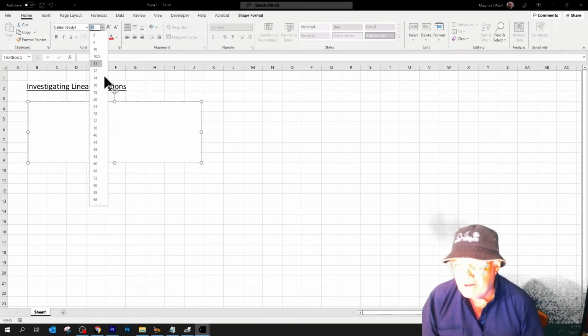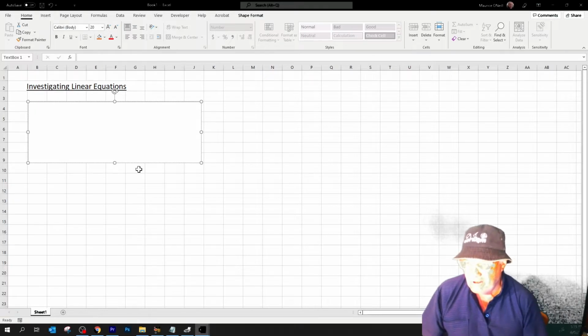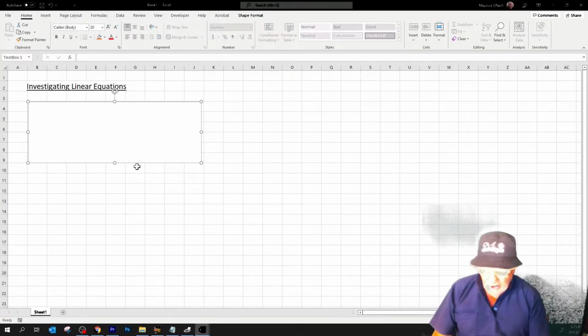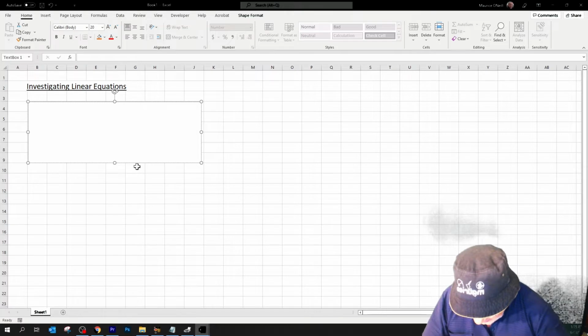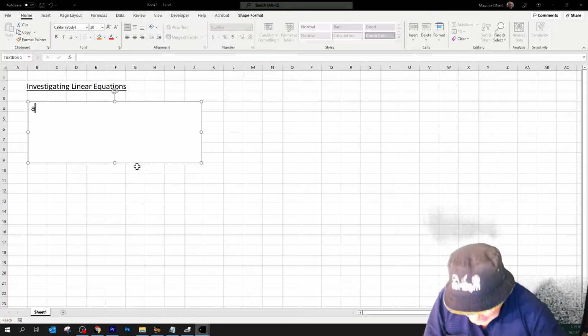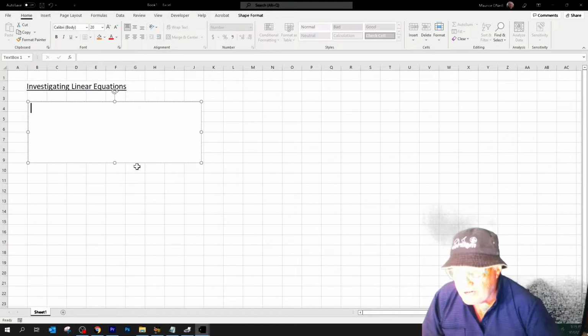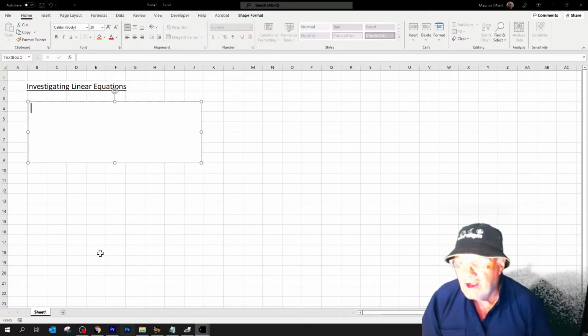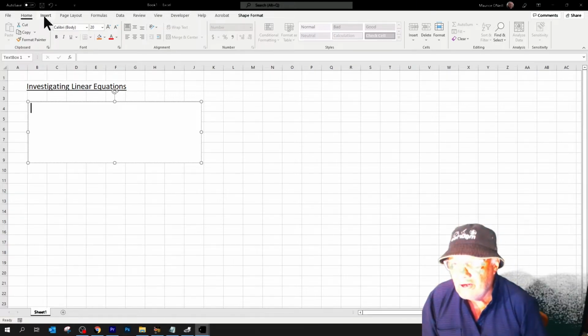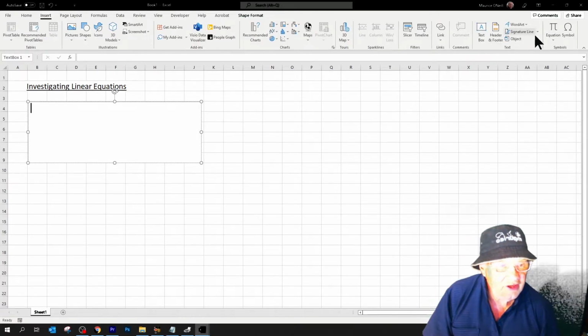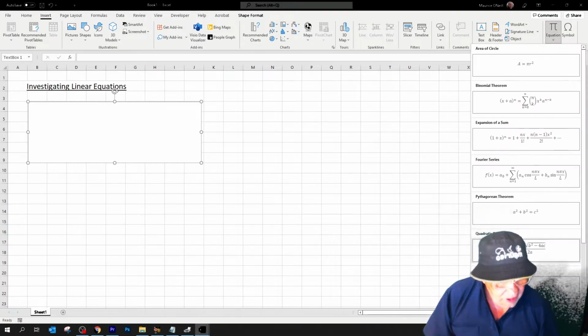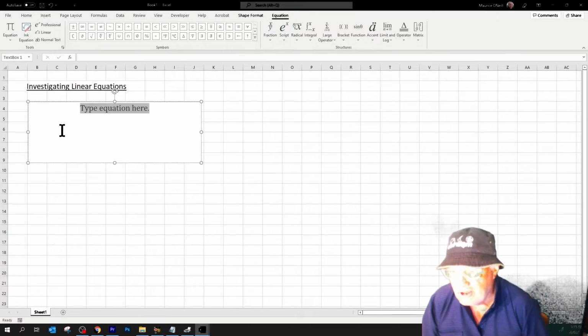So what I want to look at is, I want to put it into equation mode. So insert, and equation, insert equation, and it's a new equation.